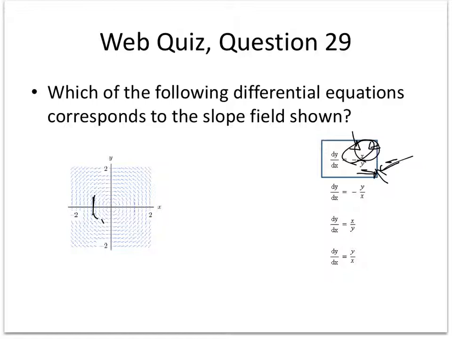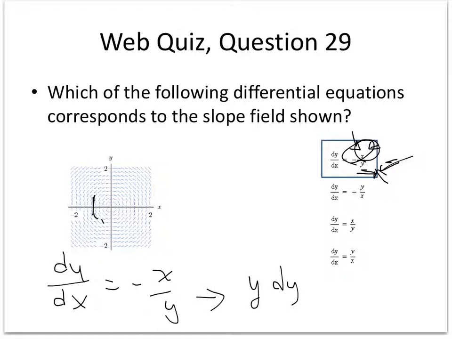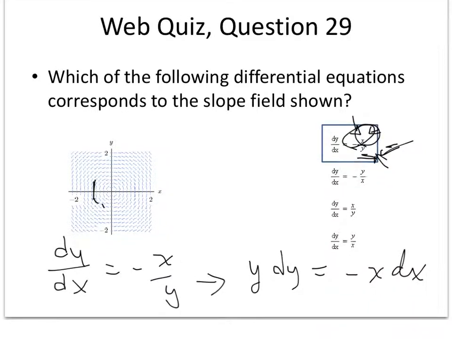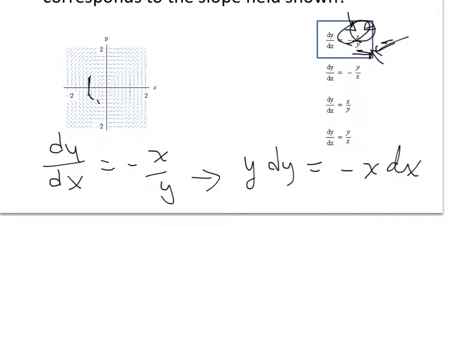And so if I write this where you can see it, dy/dx equals minus x over y. And then I move the y to that side, y dy equals minus x dx. I need room. And then what do you do next?